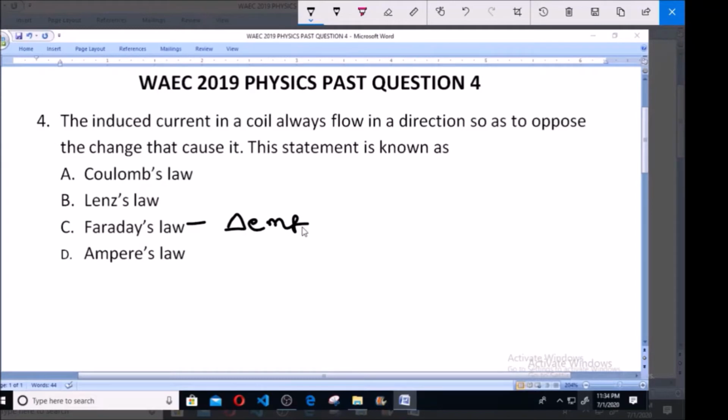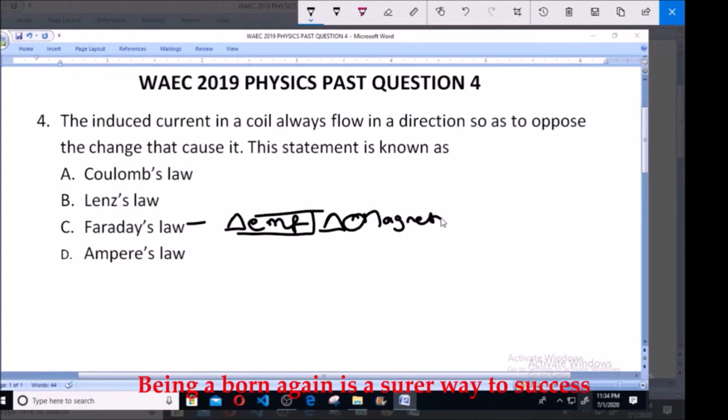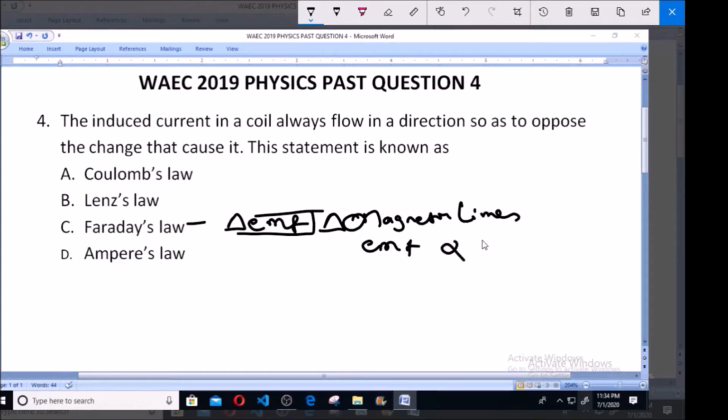Let me state it very clearly: whenever there is a change in magnetic lines, there is what we call EMF produced, and the strength of this induced EMF is proportional to the rate of change of the flux. So that is Faraday's law.